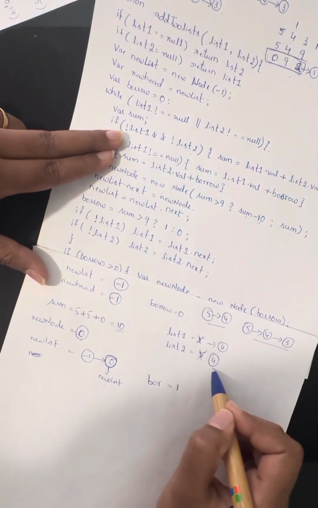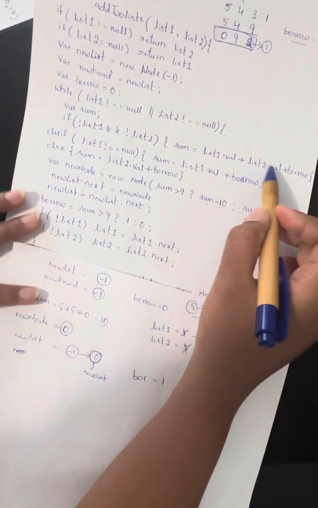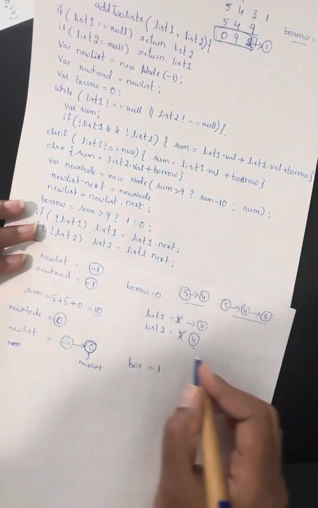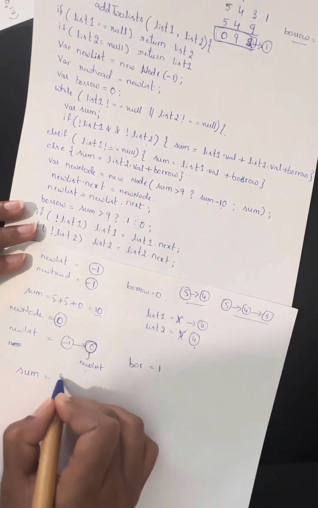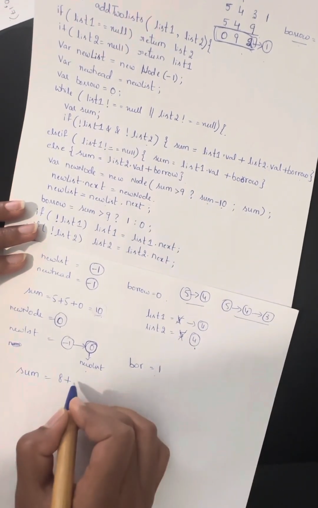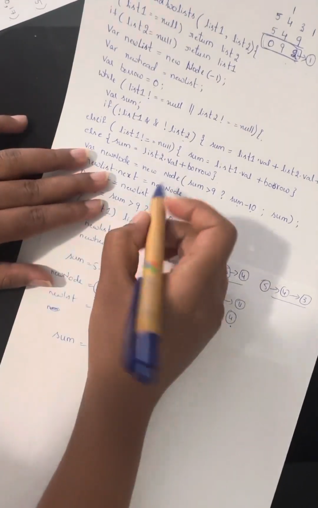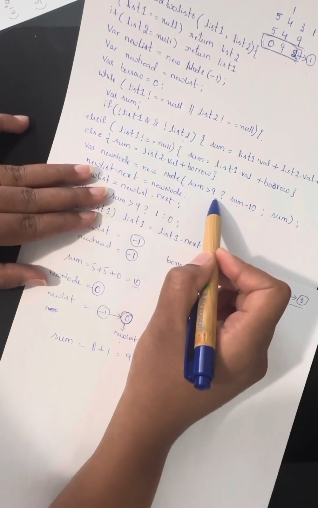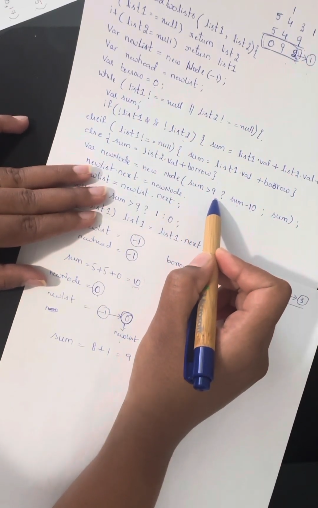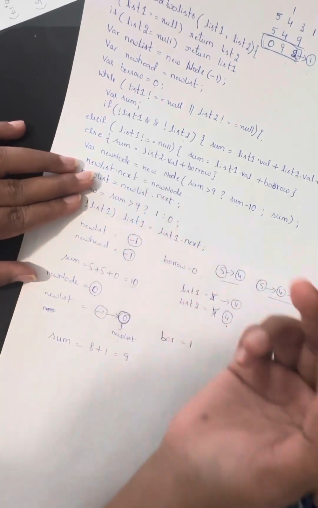Both of them are not null, so the sum becomes 4 plus 4 plus borrow. So now the sum is 8 plus borrow 1, so sum is 9. And then we create a new node, and sum is not greater than 9, so its value is 9, and we are making the new list dot next equal to this new node.